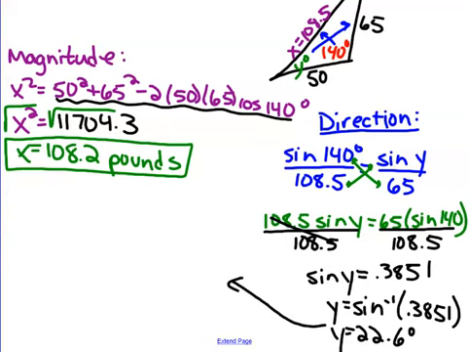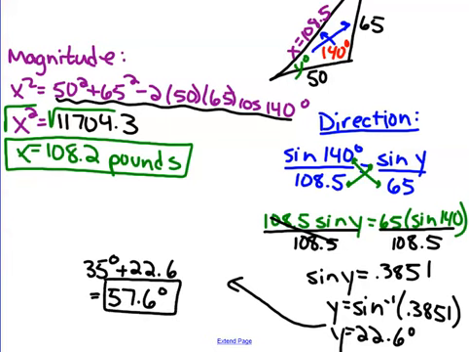Because like I said before, I'm going to add that 35 degrees that got me to that green line, plus that 22.6, and the direction is 57.6 degrees.